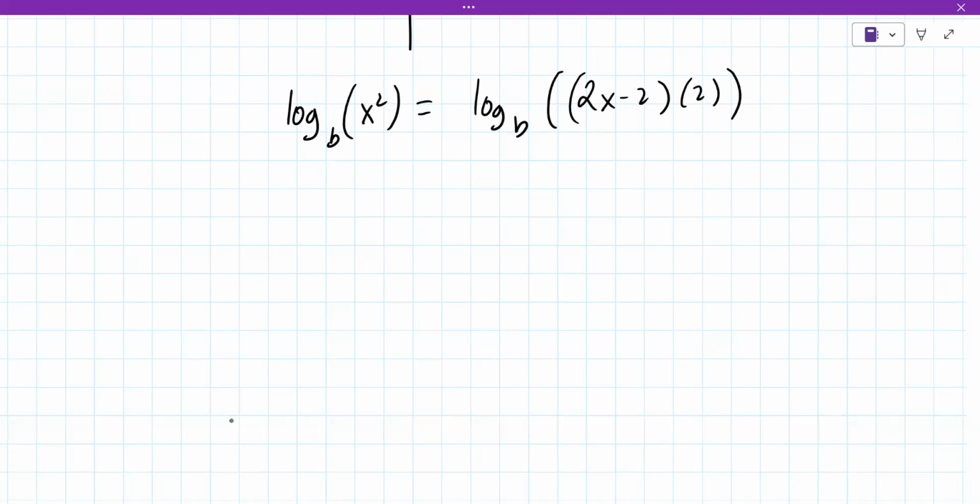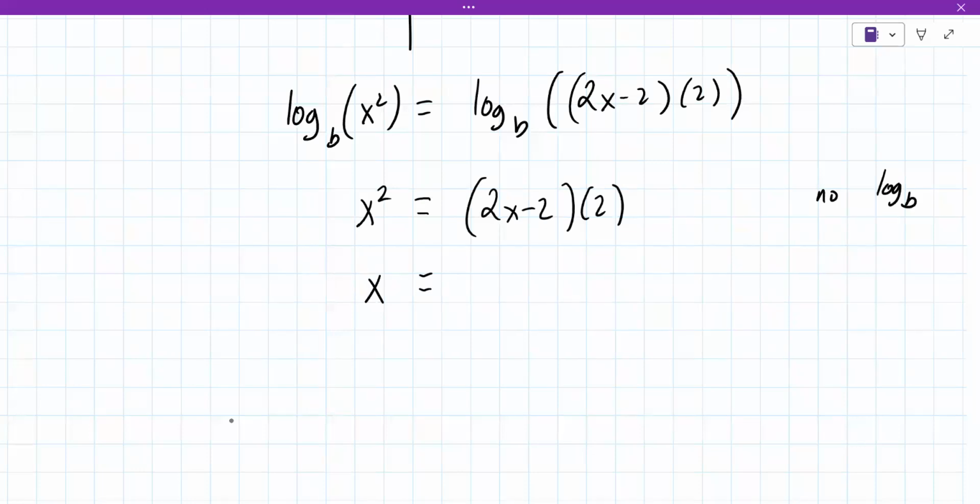We can write x squared equals 2x minus 2 in parentheses times 2. So there's no logarithms, it's all gone. Good. On the right, I want you to distribute the 2 into the equation. So you have 4x minus 4.